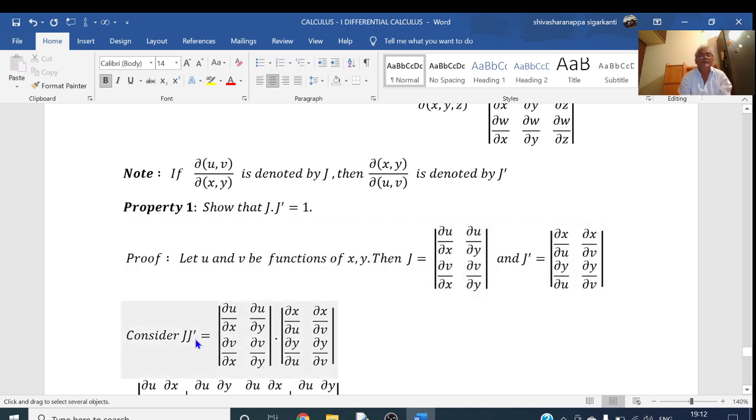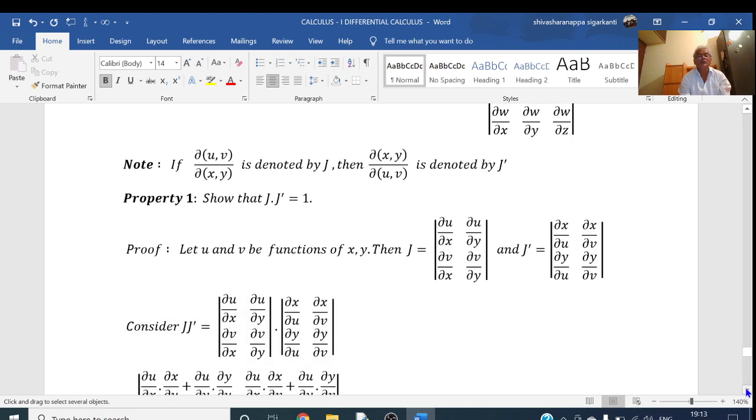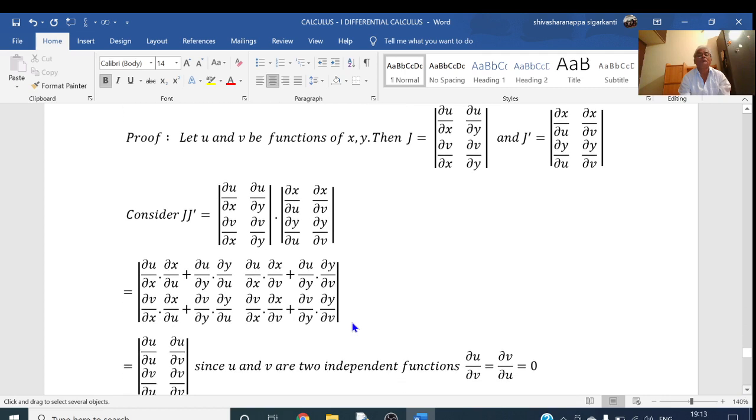Then consider J J dash equal to the matrix ∂u/∂x, ∂u/∂y, ∂v/∂x, ∂v/∂y multiplied by the matrix ∂x/∂u, ∂x/∂v, ∂y/∂u, ∂y/∂v. Now taking the multiplication, first row, first column: ∂u/∂x times ∂x/∂u plus ∂u/∂y times ∂y/∂u. So this is the term. And first row, second column: ∂u/∂x times ∂x/∂v plus ∂u/∂y times ∂y/∂v.